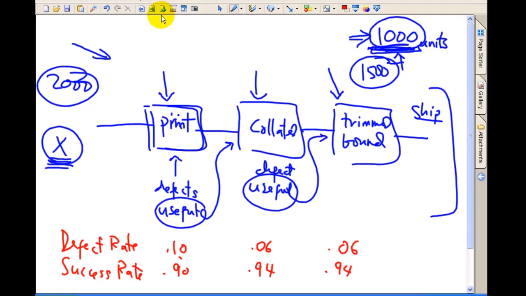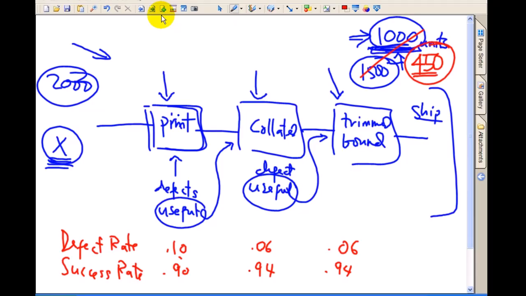The target number of units in the problem is 450. They want to be able to produce 450 good units, given that the death rates are 10%, 6%, and 6% for the three stages.